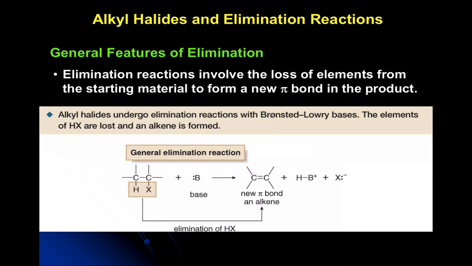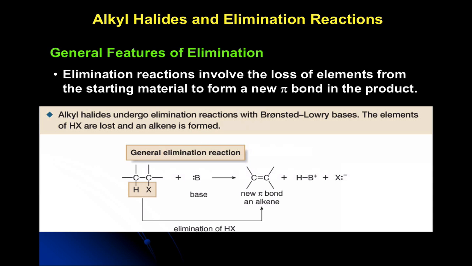So the general feature of an elimination reaction is simply removing a hydrogen and a halogen from adjacent atoms to give a new pi bond, an alkene, okay? We call this beta elimination. Can anybody tell me why this is known as beta elimination? Beta carbon. Okay, what on the beta carbon?